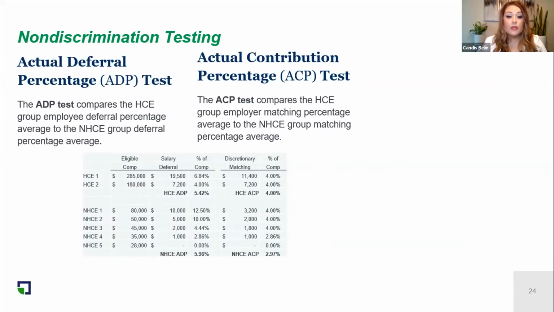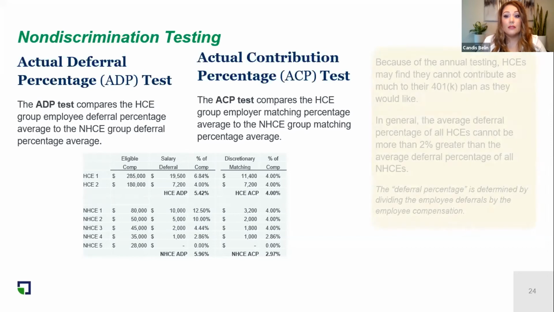We do the same thing with the non-highlies, for both the salary deferrals and if you have a discretionary match. As you can see, non-highly number 5 has 0, and that 0 is factored into their deferral percentage. That only means that non-highly number 5 was eligible to participate in the plan, but chose not to. We still have to factor them into the testing.